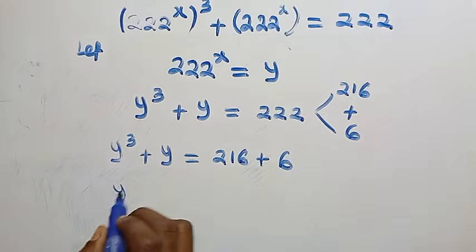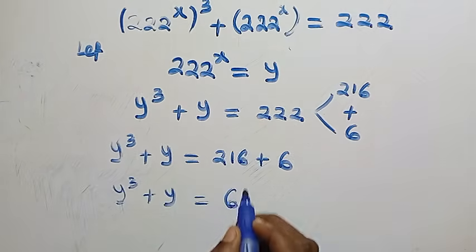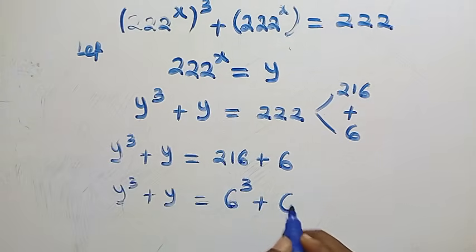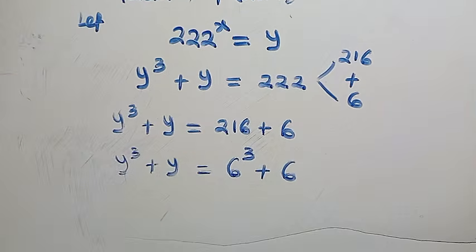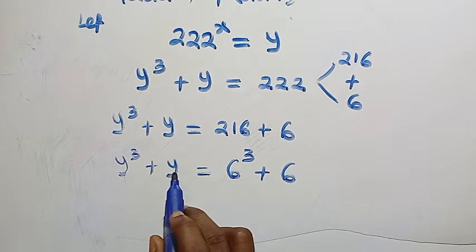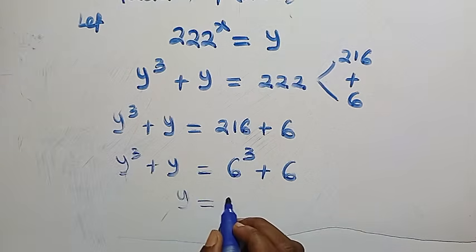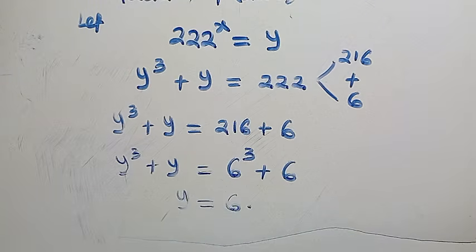216 can be written as 6 to the power 3, plus 6. With the comparison of these two sides, if I say y to the power 3 equals 6 to the power 3, then y equals 6, telling us that one of the values of y here is 6.